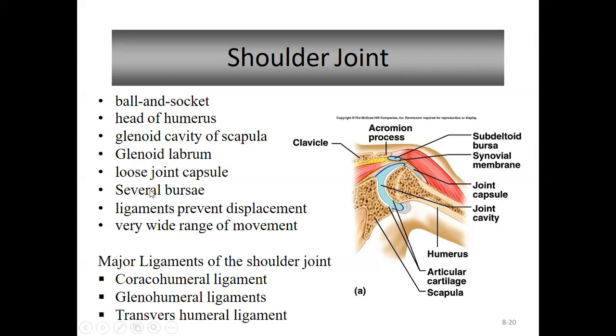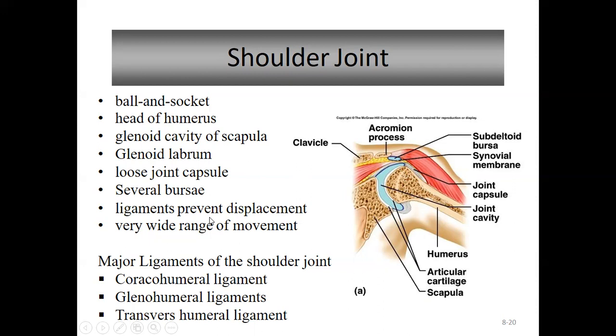So bursa are little fluid-filled sacs that sit around certain joints that help to keep it from pinching a smaller structure or causing any kind of problem or friction in the bone. Make sure that you are looking up the word bursa so that you can understand it a little bit better. But you have several different bursa that are situated around this joint.